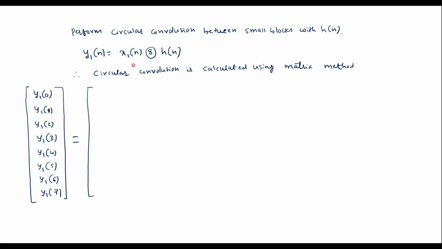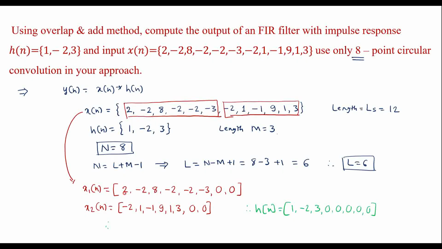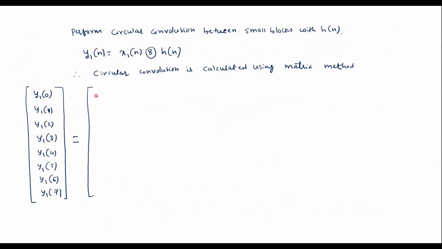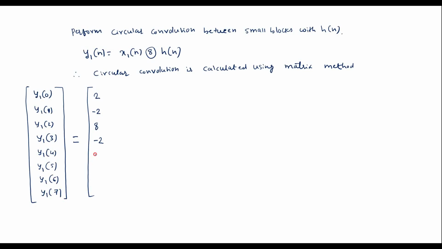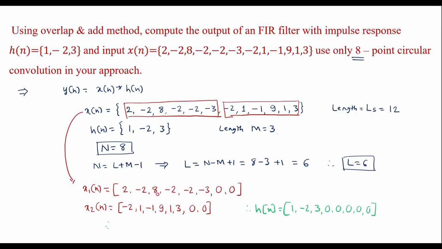Now write the samples of x1 of n vertically. So x1 of n is 2, minus 2, 8, minus 2, minus 2, minus 3. The next two samples are 0, 0. Now similarly, write the same sequence x1 of n in reverse order in the first row.